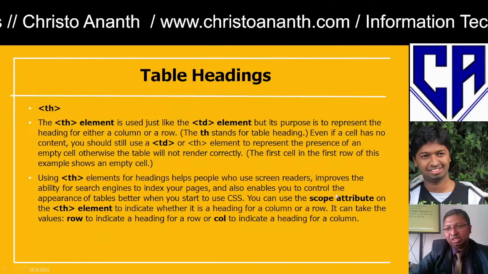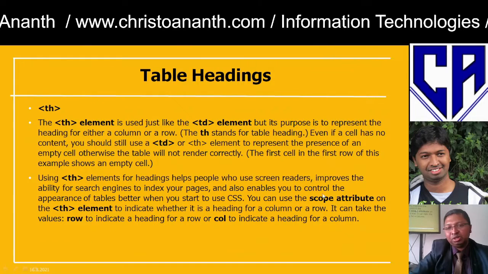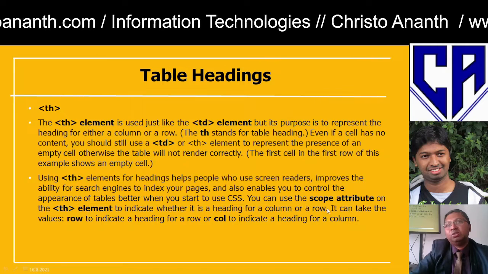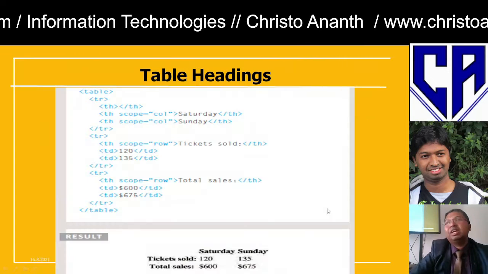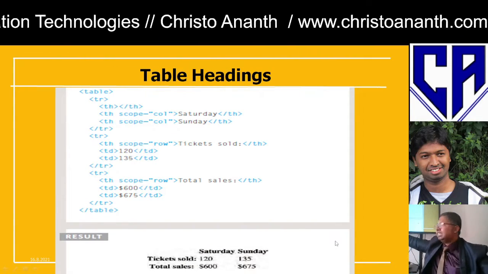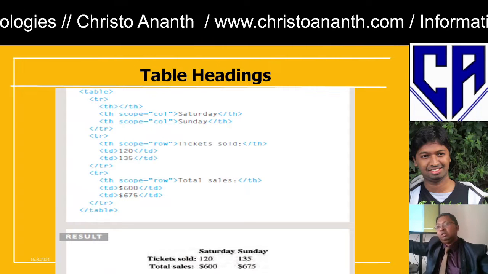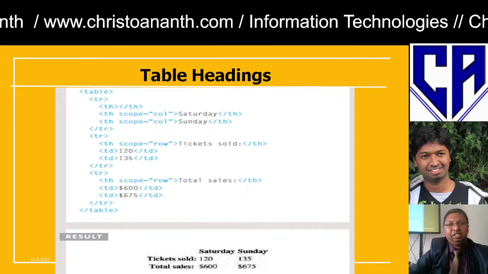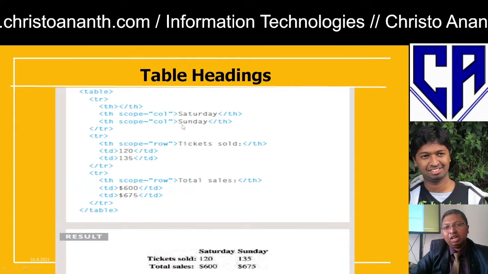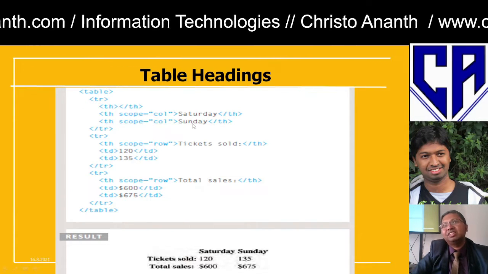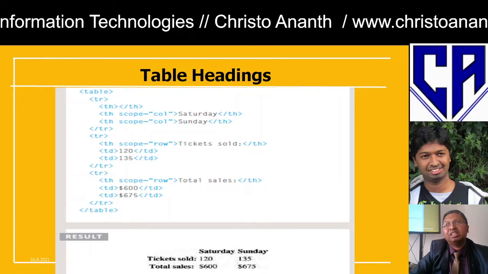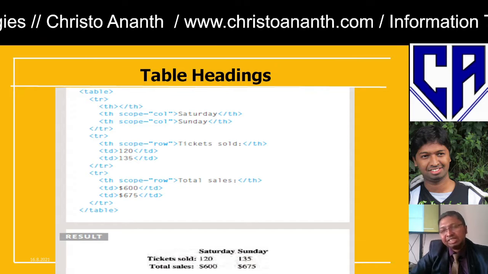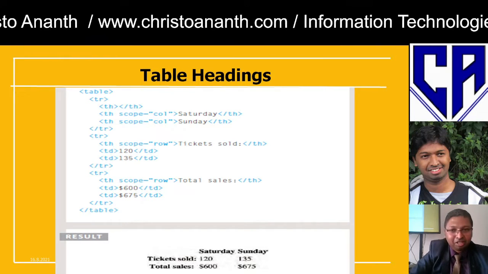In th, you include the scope attribute to indicate whether it is the heading for a column or row. That is the reason this Saturday is displayed as bold. It is the column heading. Similarly, th scope col Sunday is also a column heading.